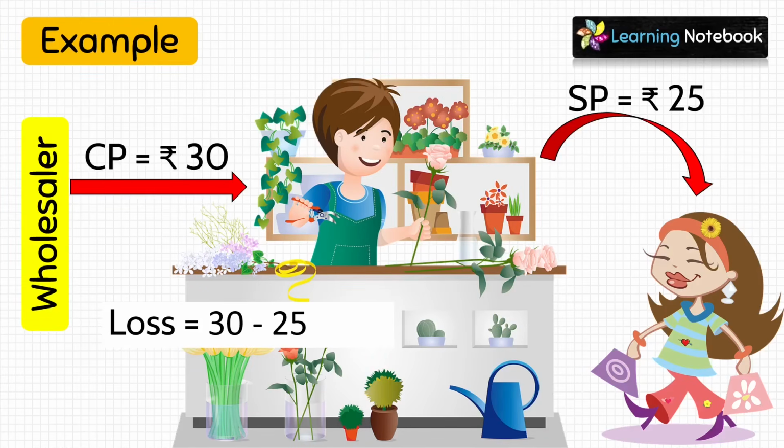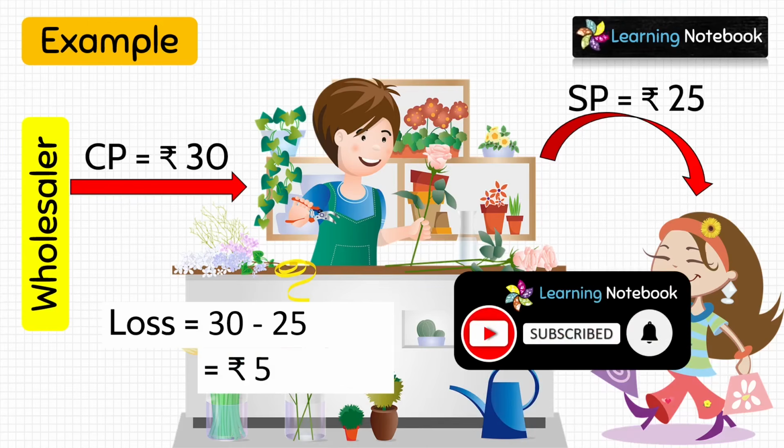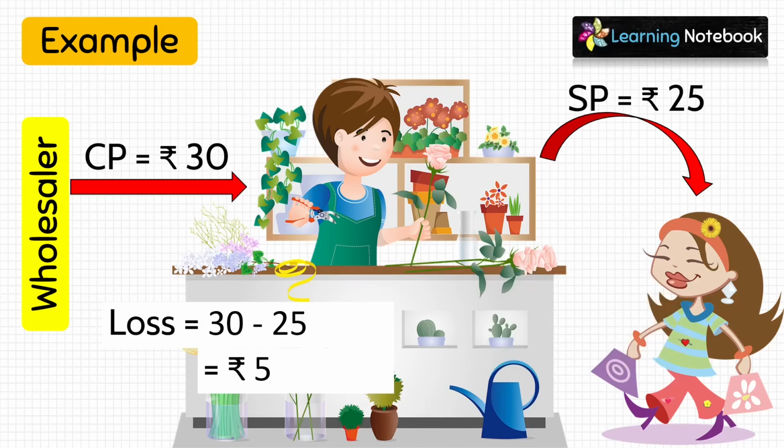So in this case, we will do 30 minus 25, which is equals to rupees 5. So shopkeeper has suffered a loss of rupees 5. Now students, I am sure you have understood the concept of profit and loss.